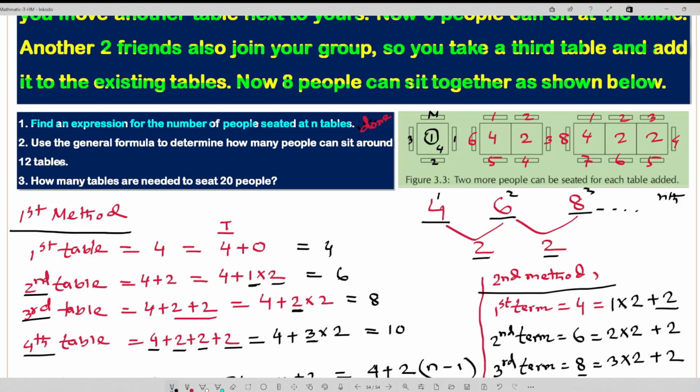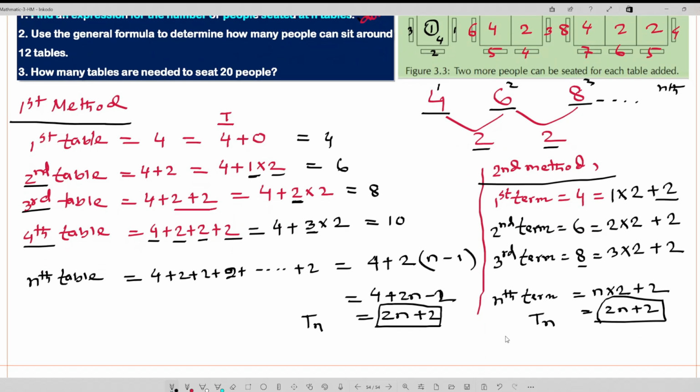Now the second one: use the general formula to determine how many people can sit around 12 tables. So this one is n tables. With 12 tables, how many persons can sit? We can write the answers to questions 1 and 2 here.